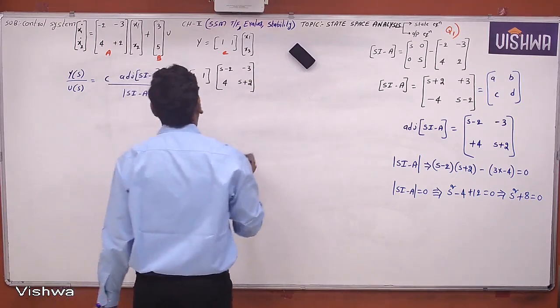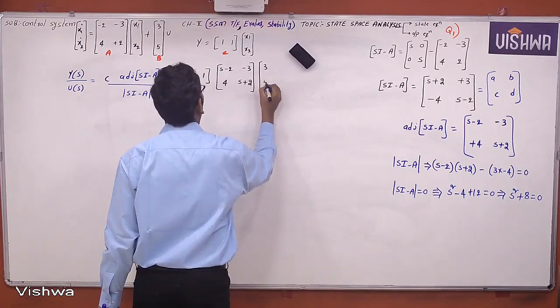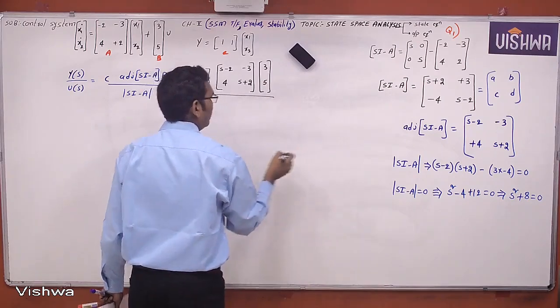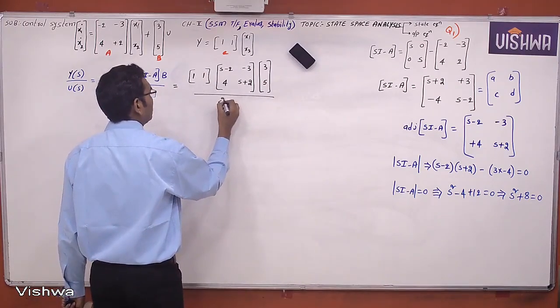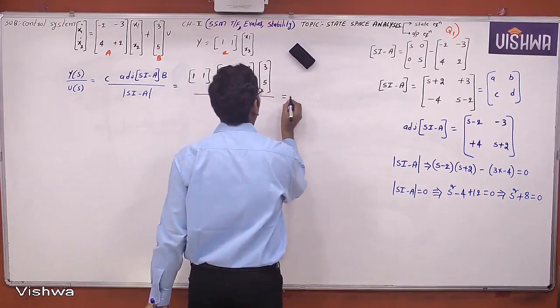Now B, what is B? B is 3, 5, divided by the determinant of sI minus A, which is S square plus 8.